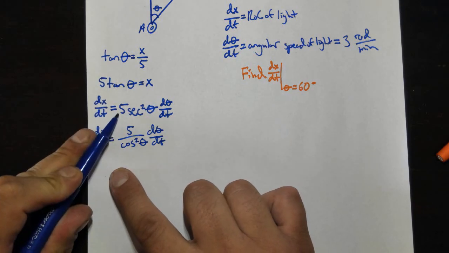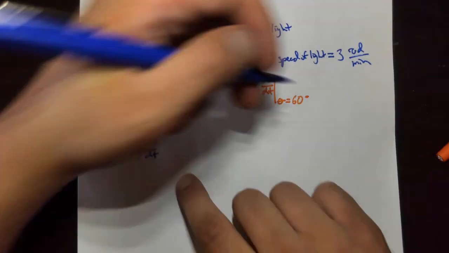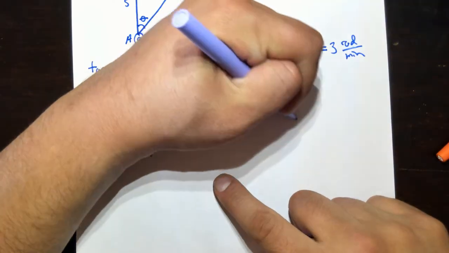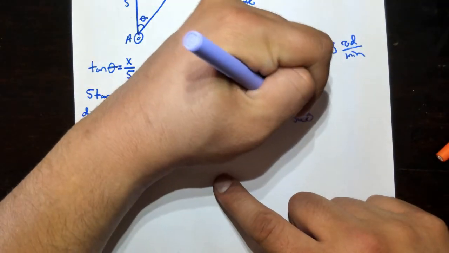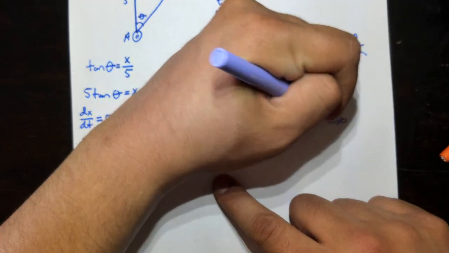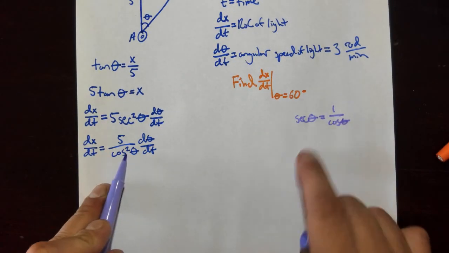Well, this 5 is going to remain on the numerator. Secant of theta is equal to 1 over cosine of theta. So that's why the cosine went on the bottom, but since it's secant squared, it's cosine squared. Okay.